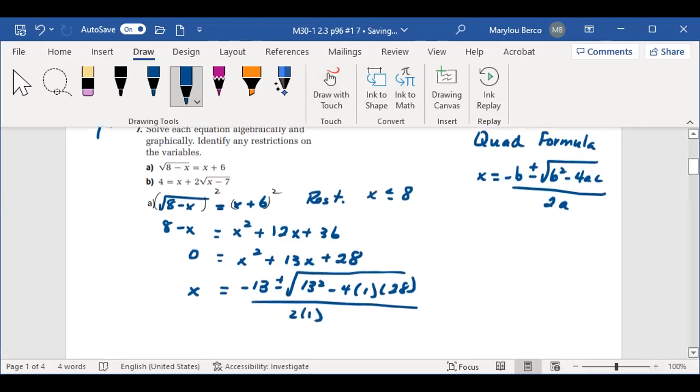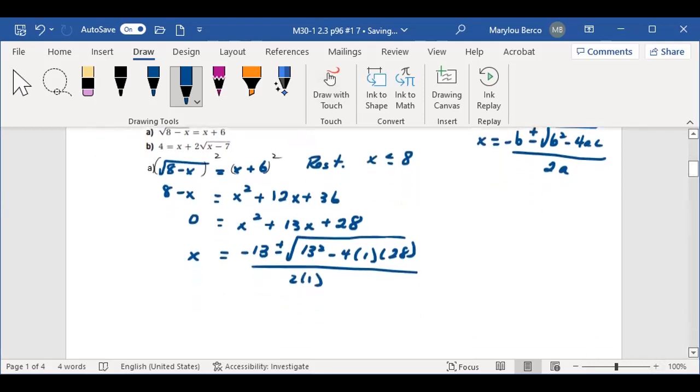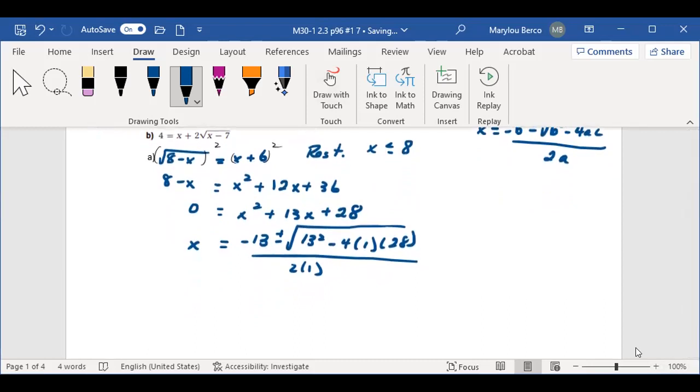Okay, so we end up with x equals negative 13 plus or minus root 57 over 2.